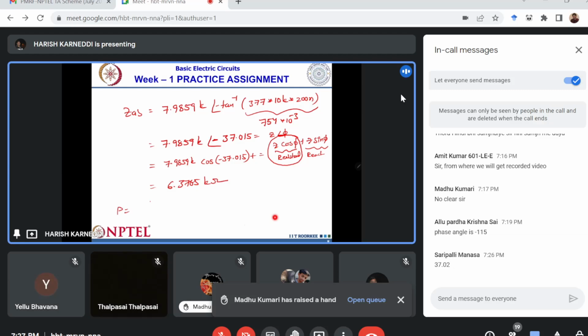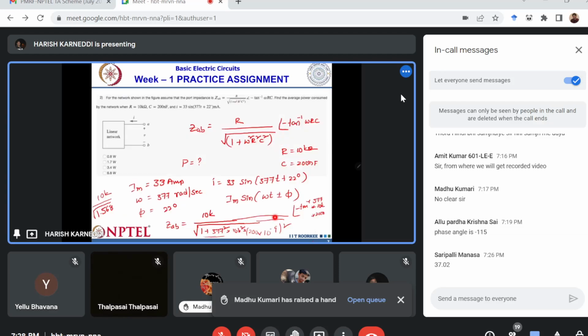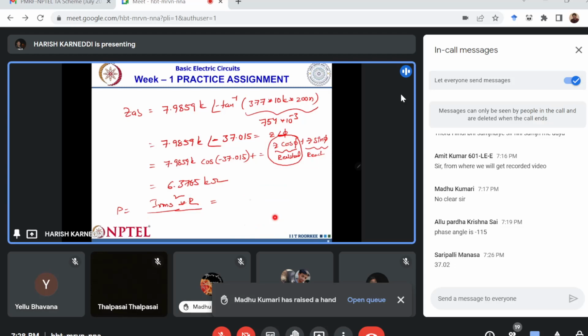What is the average power? Average power equals Irms square into R, right? Here Irms equals, the question he gave Im equal to 33 milliamps. Irms is equal to Im by root 2, right?